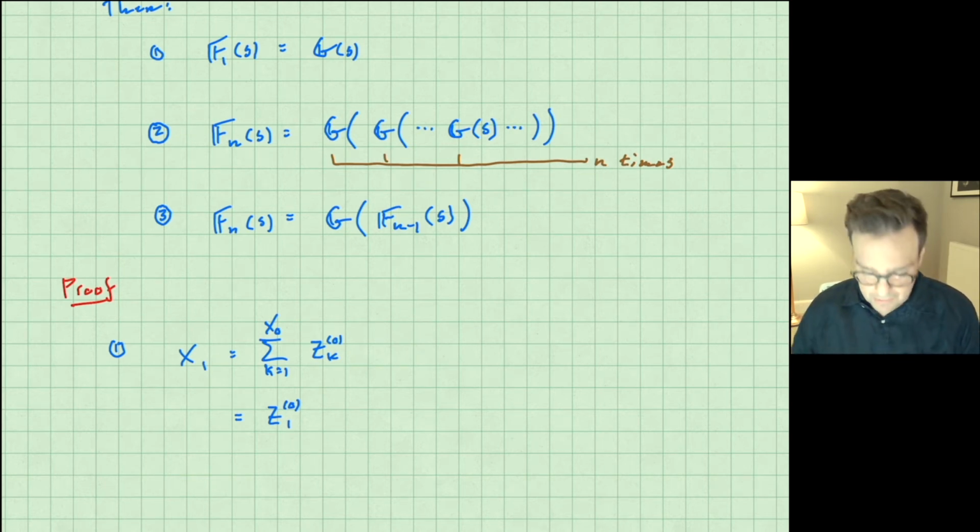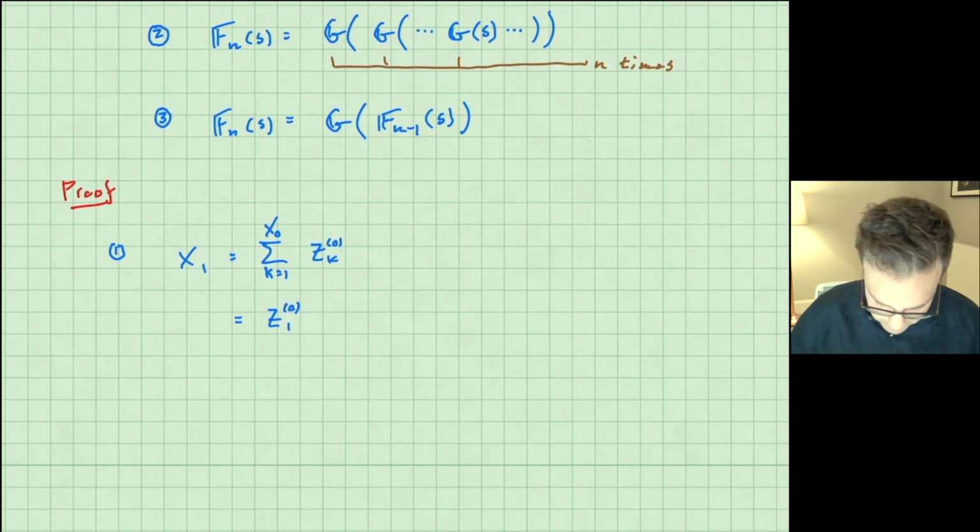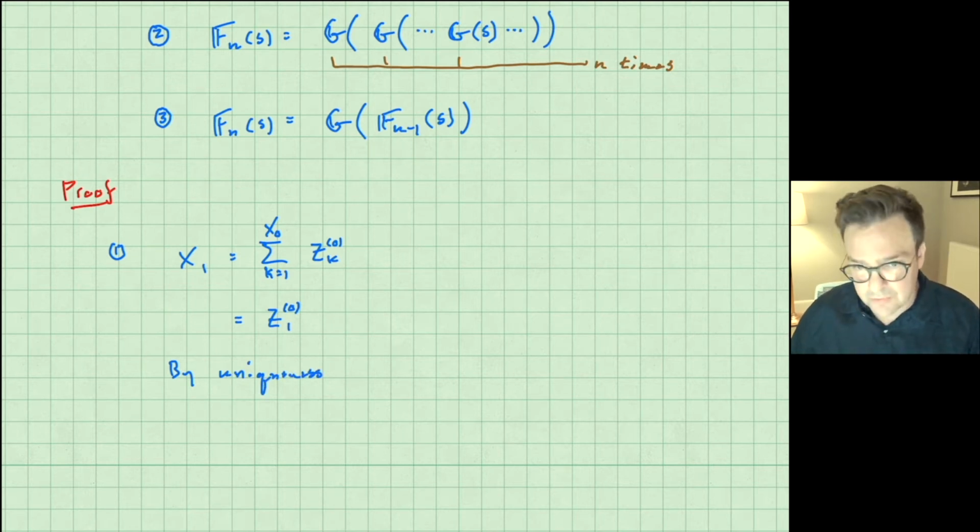In other words, X sub 1 actually is one of the random variables that we had called Z. And so, by uniqueness, they have the same probability generating function.